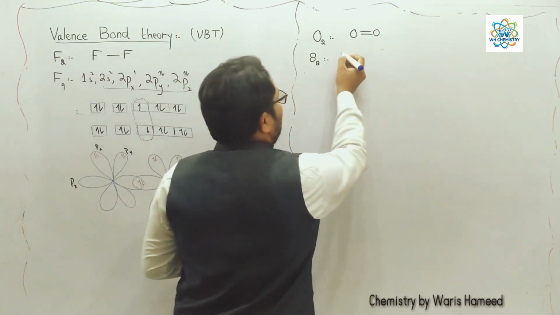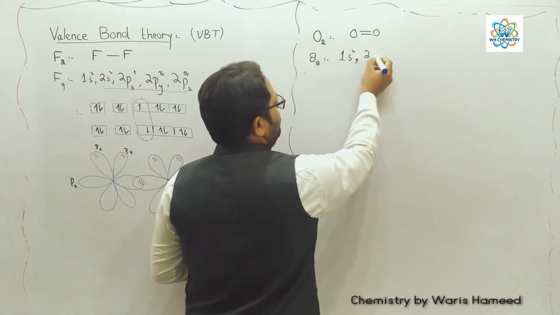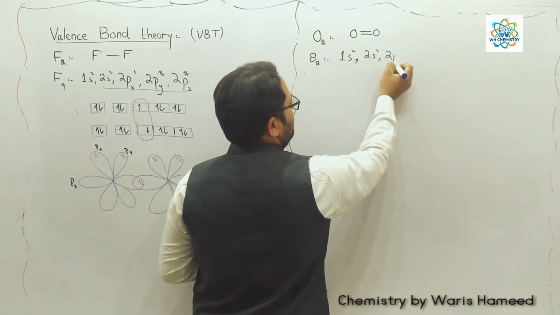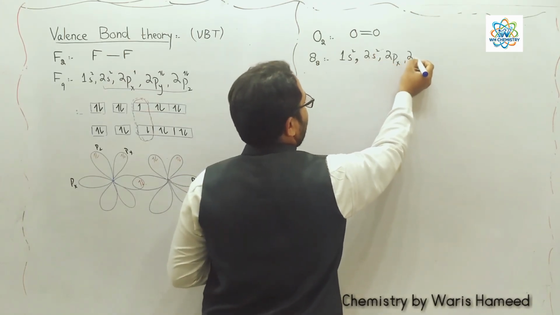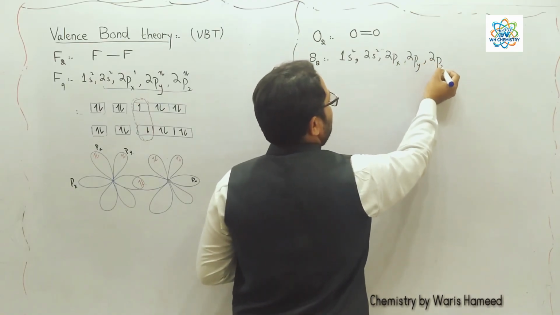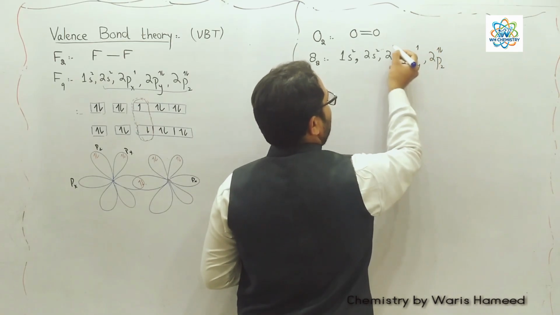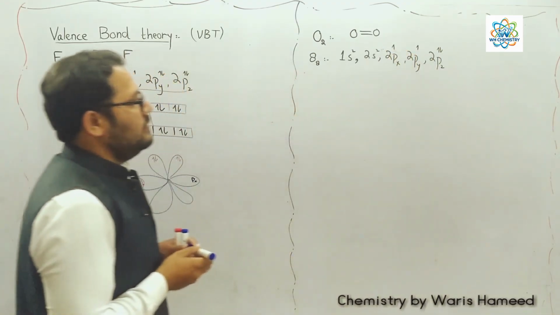We can write its electronic configuration: 1s2, 2s2, 2px, 2py, 2pz. Here are two electrons, here is one electron and one electron.